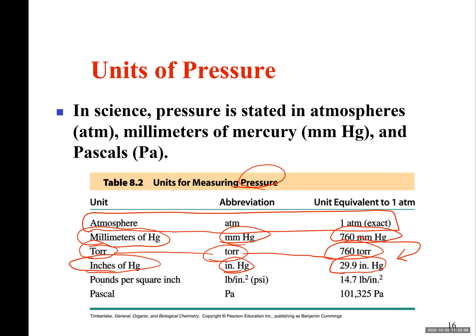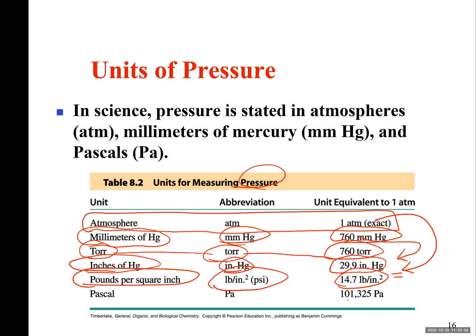And we already talked about PSI, pounds per square inch. Approximately 14.7 pounds per square inch, so that's the amount that you have for 1 atmosphere. 1 atmosphere, 14.7 pounds per square inch.